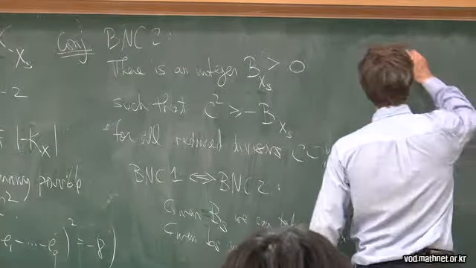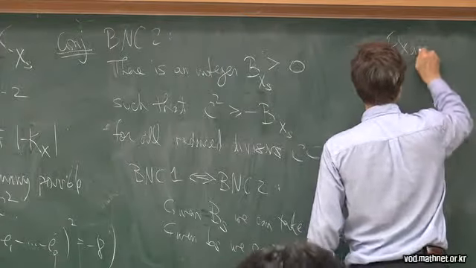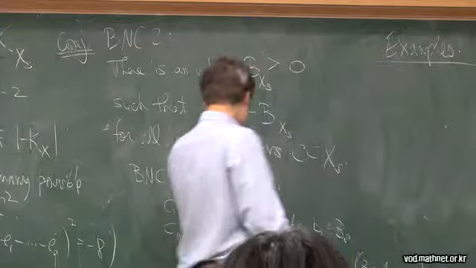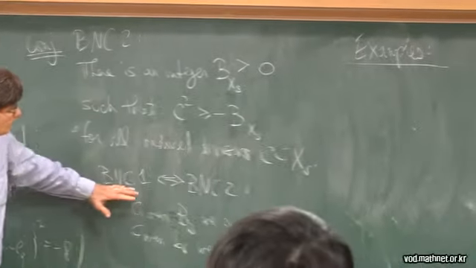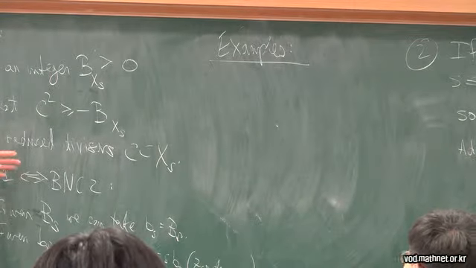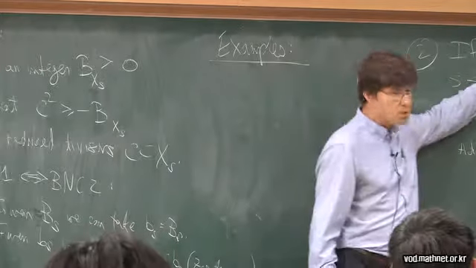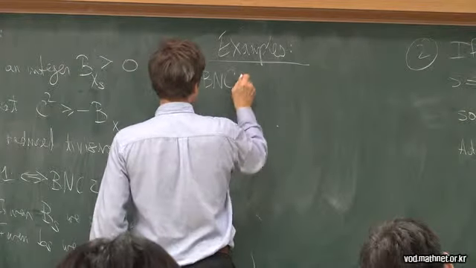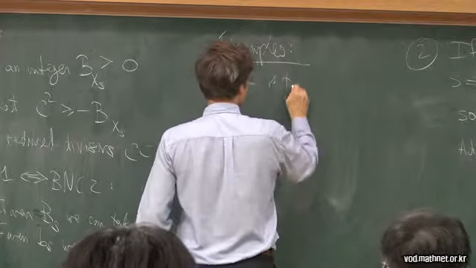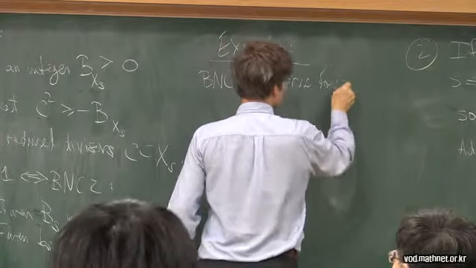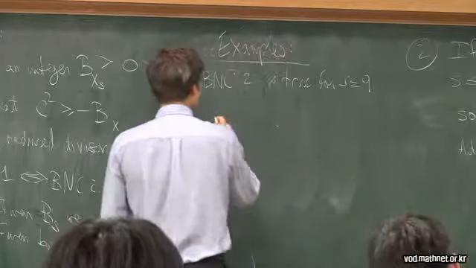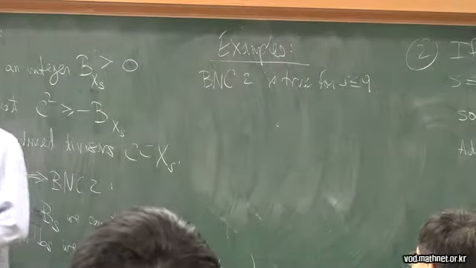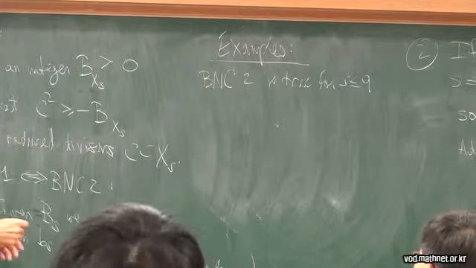But let's look at a couple more examples. So we know that BNC1 is true if you take at most 9 points. So that means that BNC2 is true for S less than or equal to 9. What is the worst case example? How negative can you get?